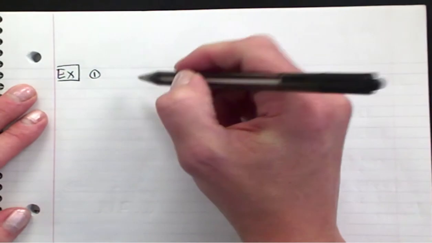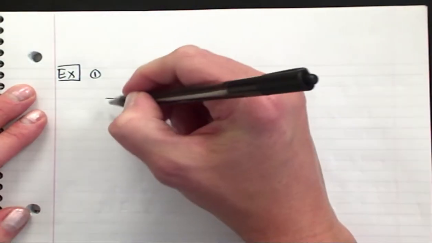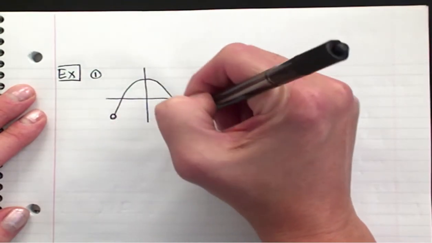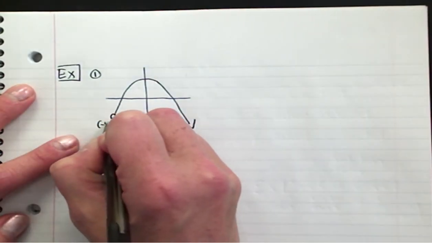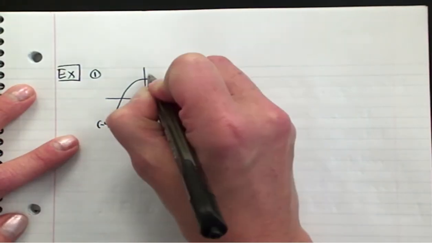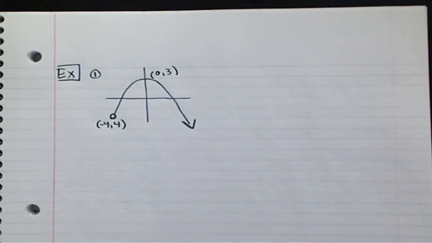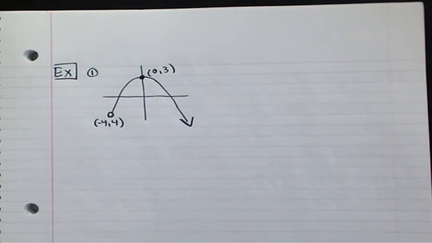Okay, examples. First one, it's just a little sketch, kind of like what we did with our warm-up with the pictures. I'll just label the points that seem important to getting the right size and shape.